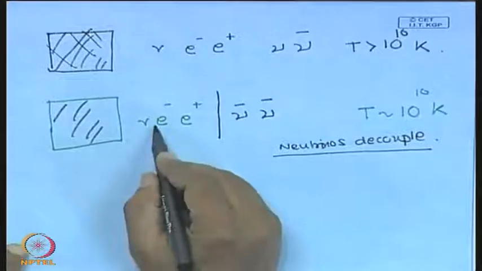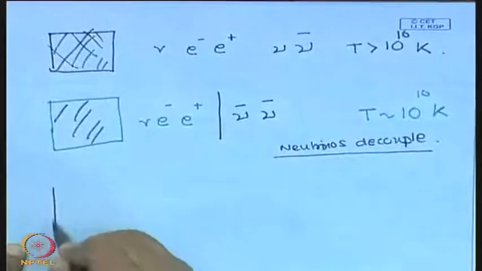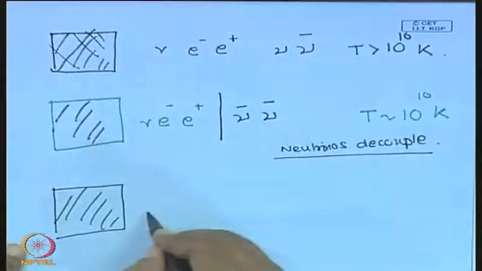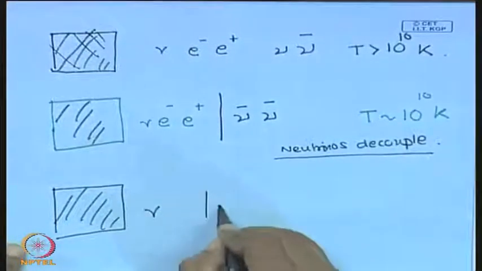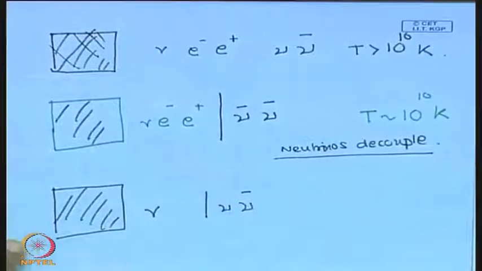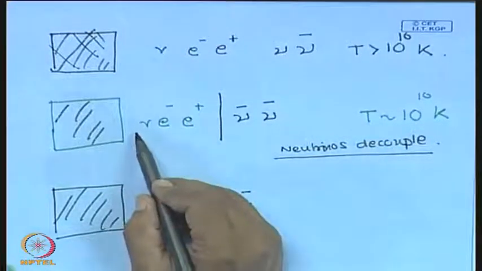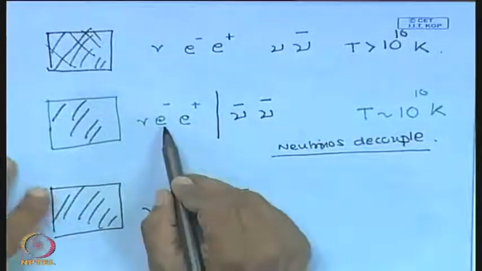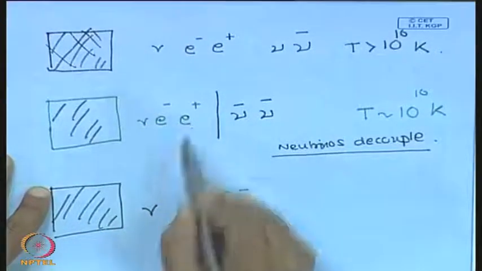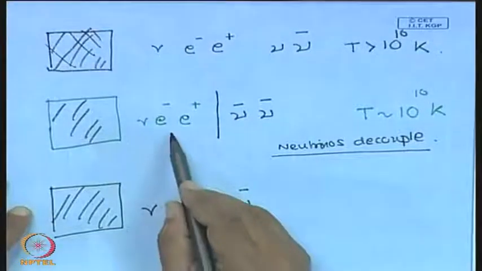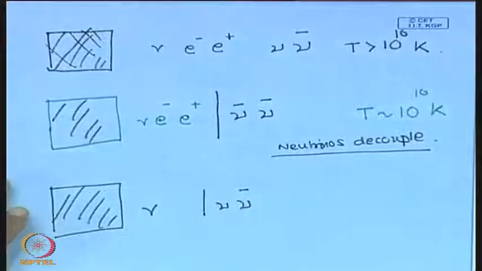The electrons and positrons also recombine. So you only have the photons, the electrons and the neutrinos and antineutrinos. The electrons and positrons recombine. The temperature of the photon CMBR is not hot enough to maintain the electron positron pairs; it falls below the rest mass of the electron positron, and the electrons and positrons annihilate.